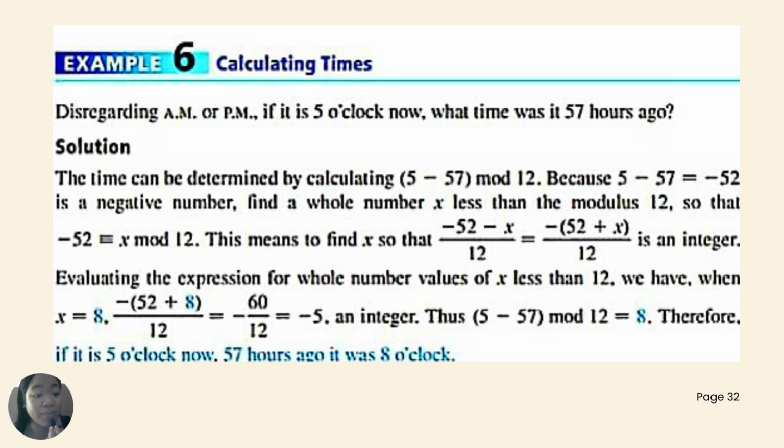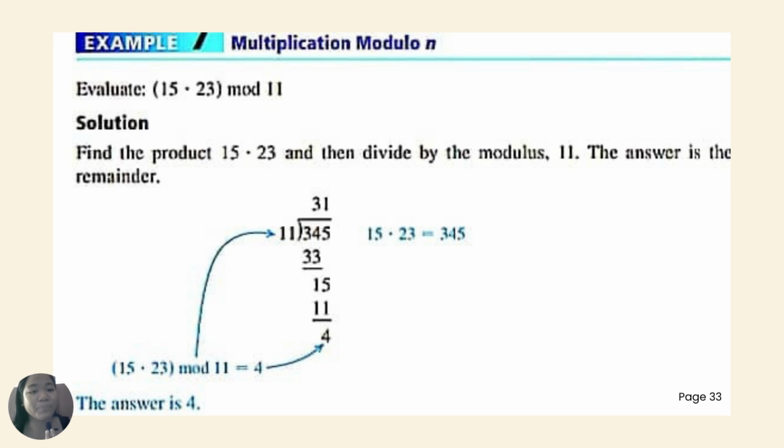And negative 5, class, is very good, an integer. So, 5 minus 57 mod 12 is equals to 8. Very good. Nga 8 kay amo niya nga aton gin substitute gina amo niya aton i-answer. Very good. So therefore, if it is 5 o'clock now, 57 hours ago, it was very good 8 o'clock.